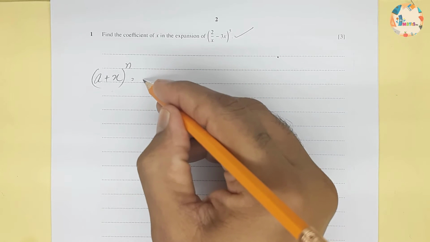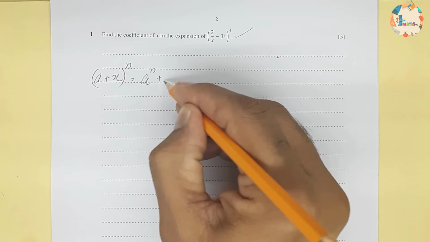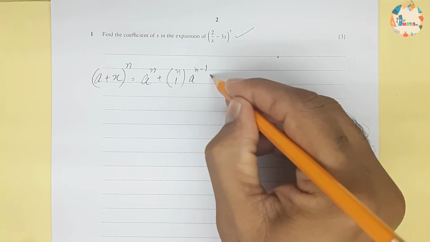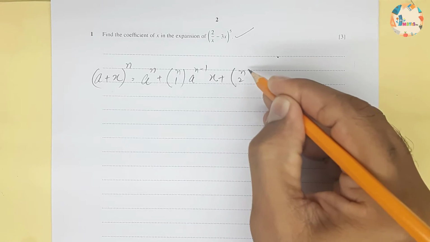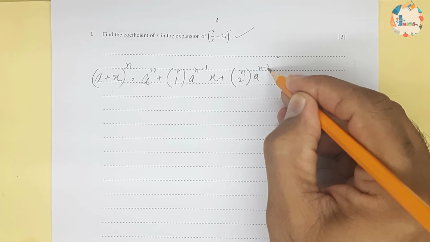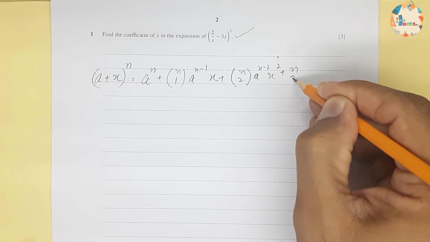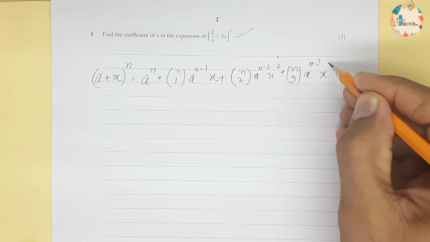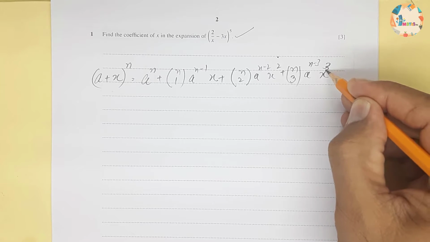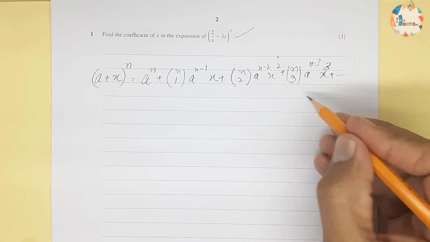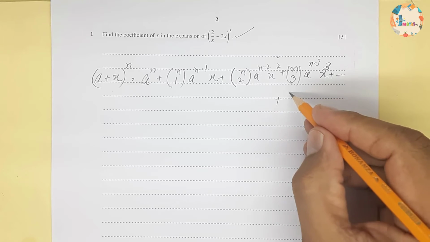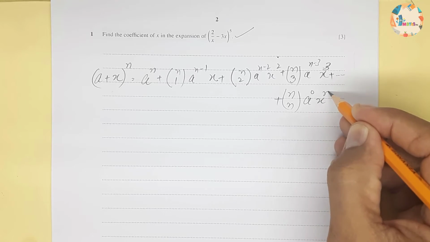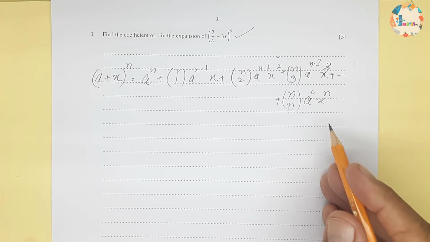This will be equal to a raised to the power n plus nC1 a raised to the power n minus 1 x plus nC2 a raised to the power n minus 2 x squared plus nC3 a raised to the power n minus 3 x raised to the power 3 and so on, and the last term will be nCn a raised to the power 0 and x raised to the power n. So this will be the general formula for binomial expansion.